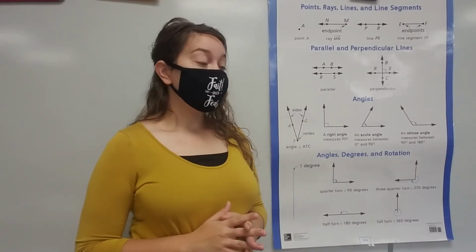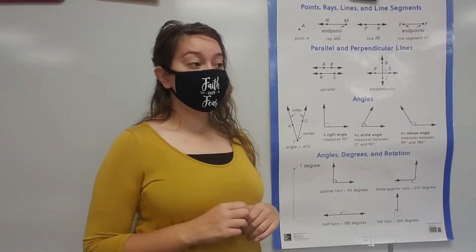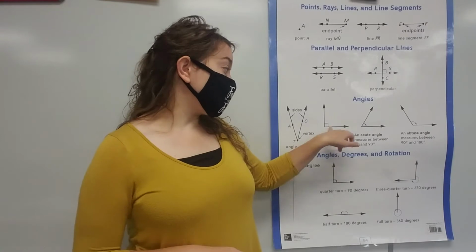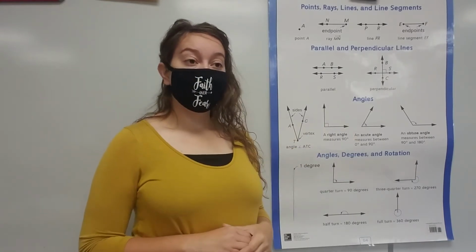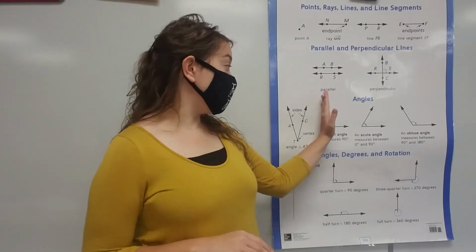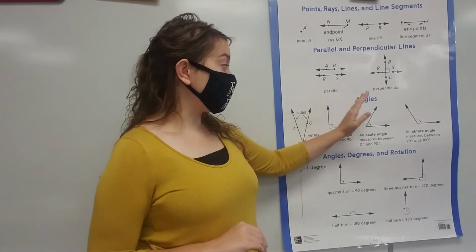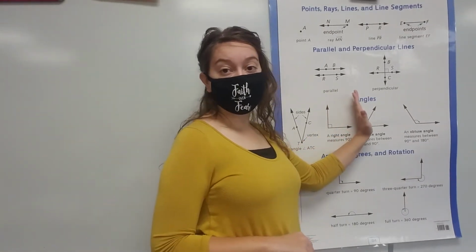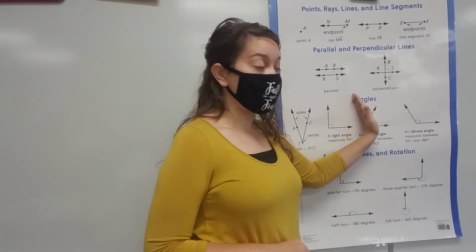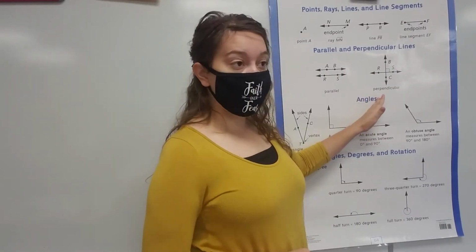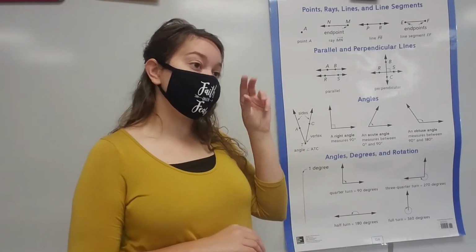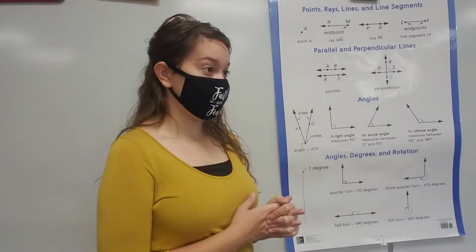If it is acute, you can think of, oh, that's so cute. It's smaller than 90 degrees. So if it's not straight up like this one, it's not a 90-degree angle. It's curved down, like that. So it's smaller, so it's acute because it's littler.